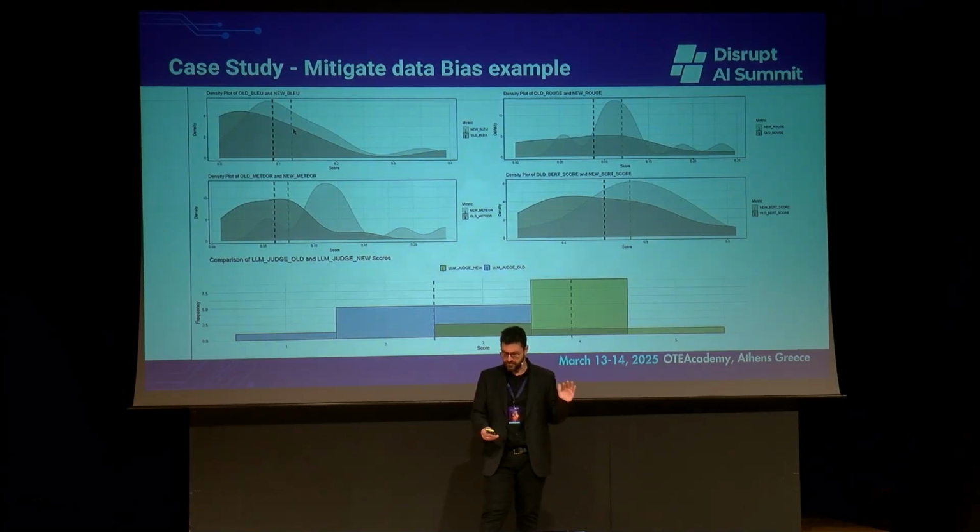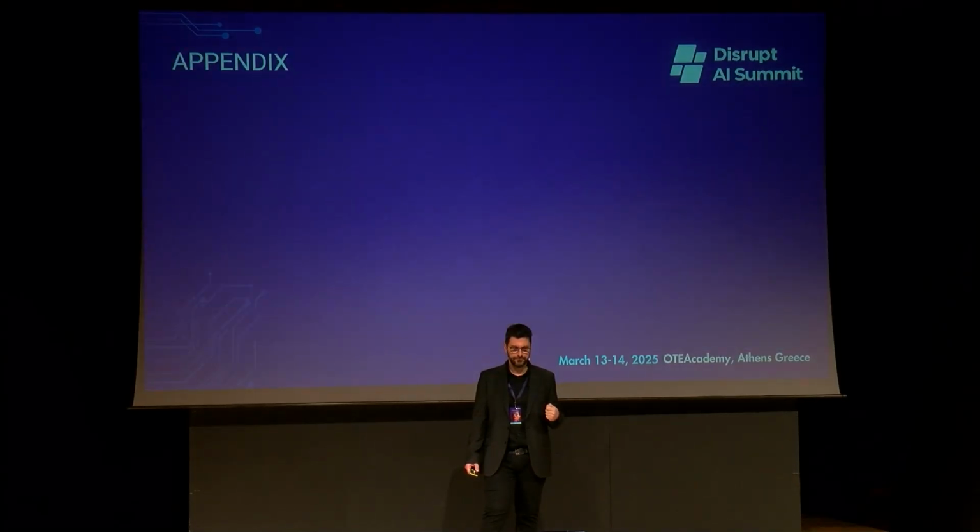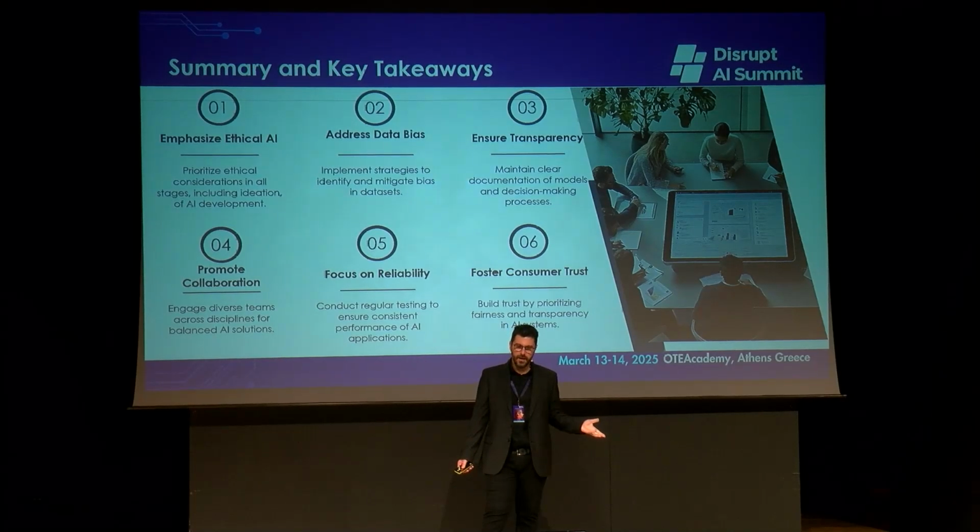So that was very, very important. We have proved it, and this is how, through monitoring and continuous evaluation, we are changing and shifting the system to perform the best.